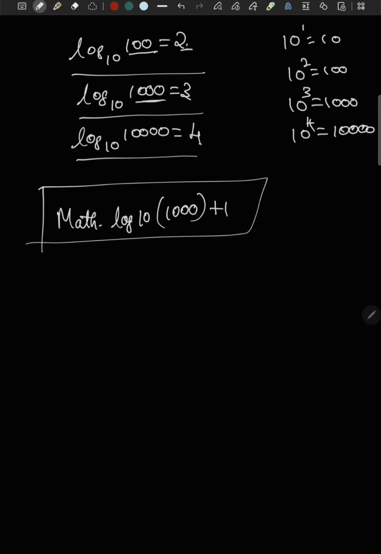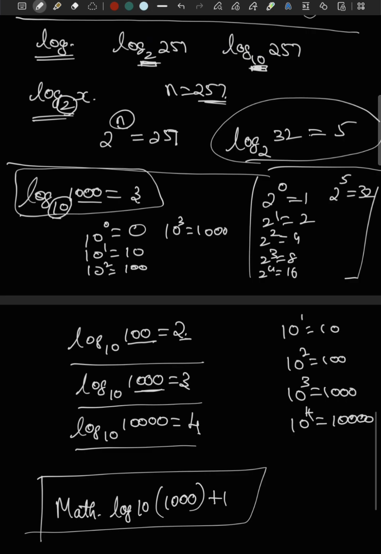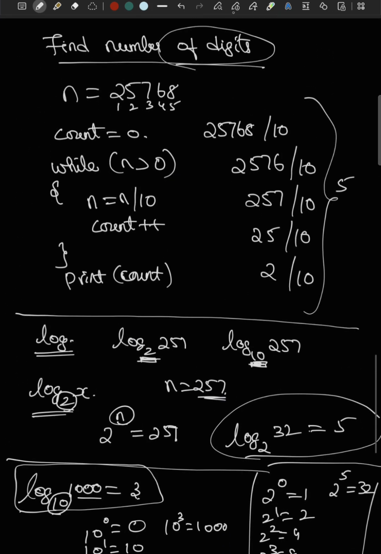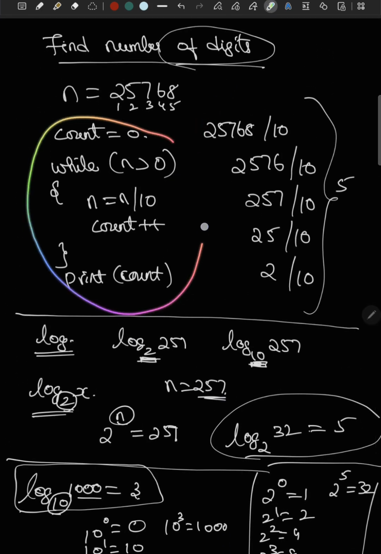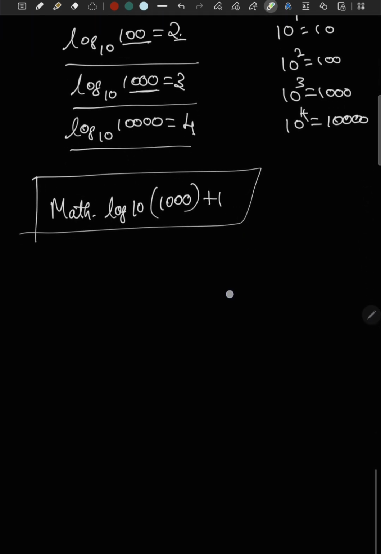This is going to give the number of digits. Okay. So instead of following the loop, we can also do this. To make it short, we can follow the logarithmic calculation.